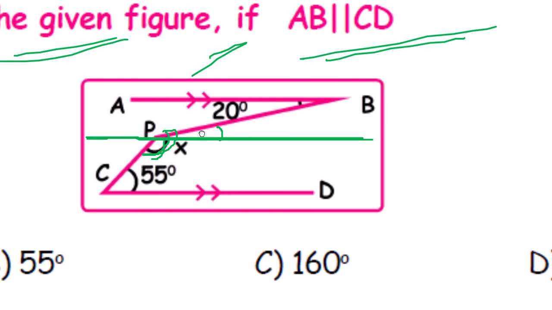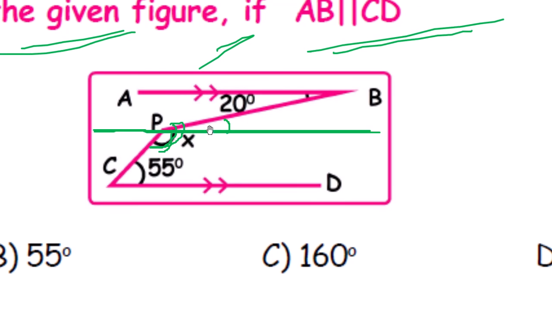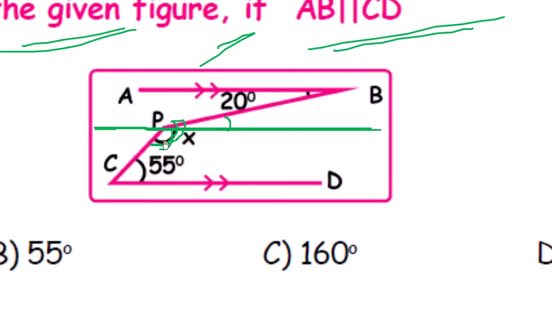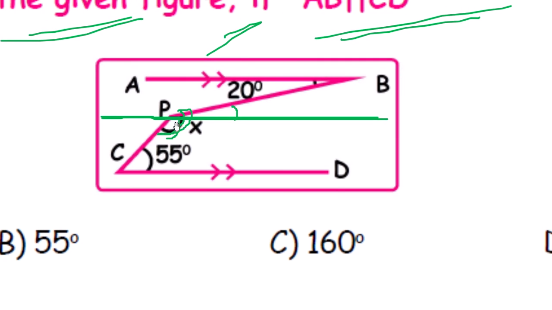So this upper part angle and this 20 degrees angle are alternate angles. They are equal. So this upper part will become 20. This lower part angle and this 55 degrees, they are co-interior angles. Co-interior angles, they are supplementary. So if this is 55, this will become 125.